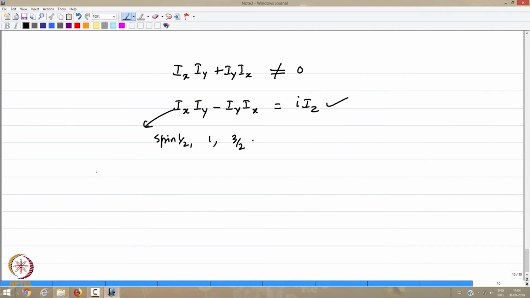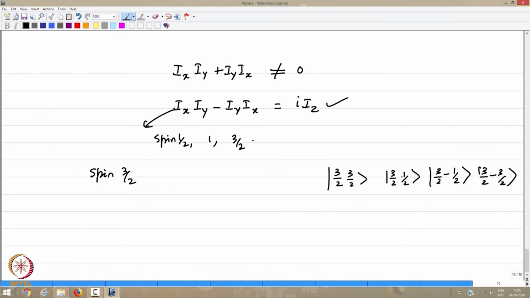If the system is a spin 3 half system, the chlorine 35 nucleus has a nuclear magnetic moment that corresponds to a spin 3 half system. For spin 3 halves, we will have 4 basis functions. Im will be 3 by 2, 3 by 2, then 3 by 2, 1 by 2, then 3 by 2, minus 1 by 2 and 3 by 2, minus 3 by 2.